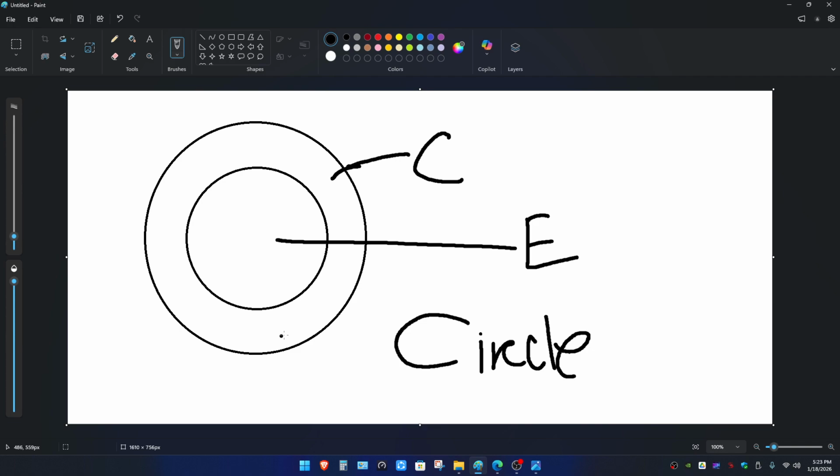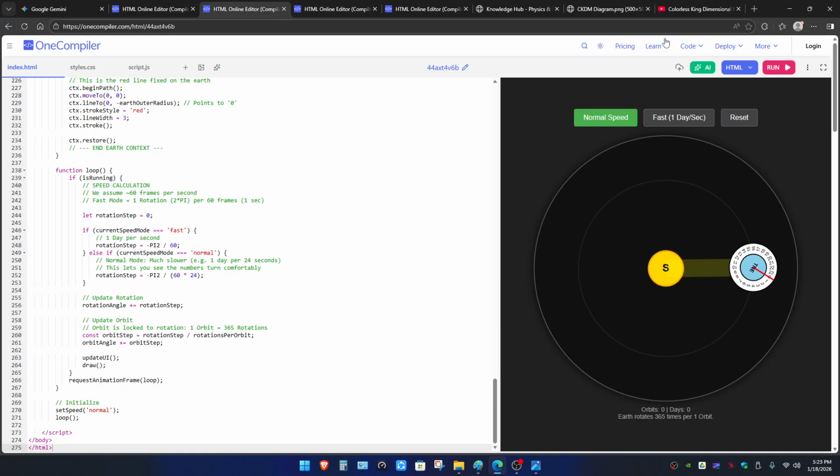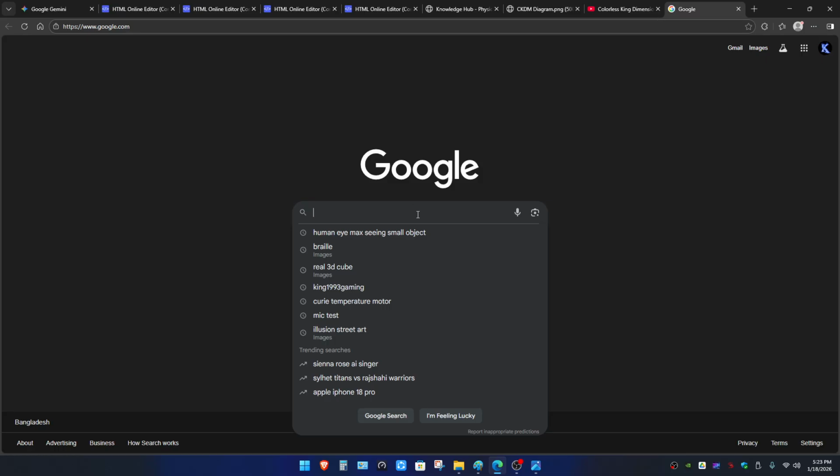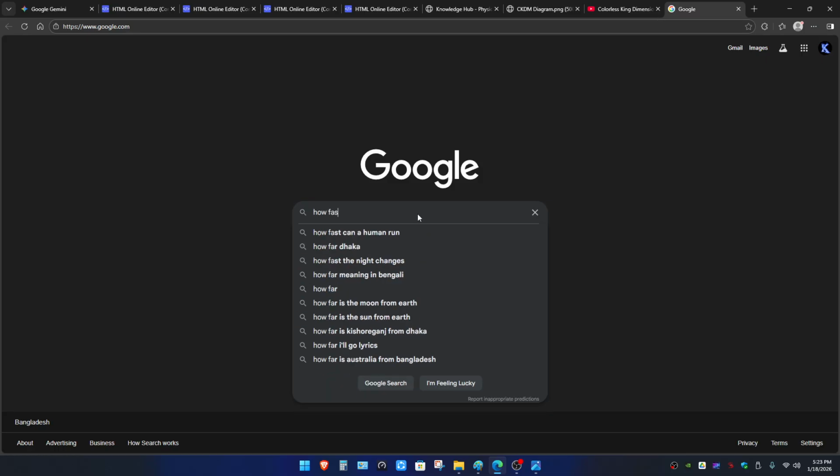How? If we can estimate how much time is passing at every rotation of the earth, we can guess a proper idea. So let's say how fast the earth spins per second.